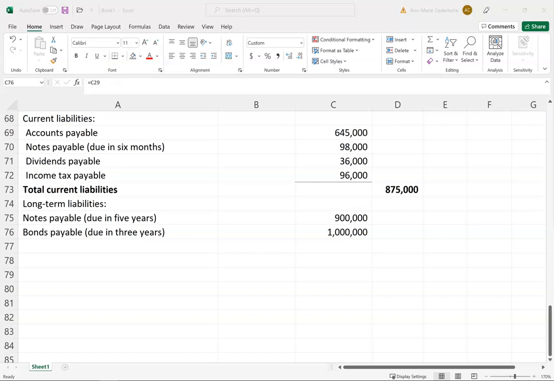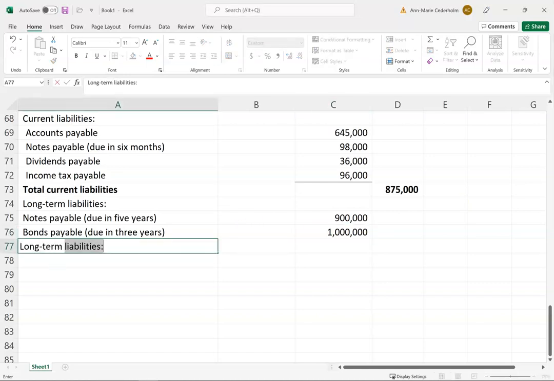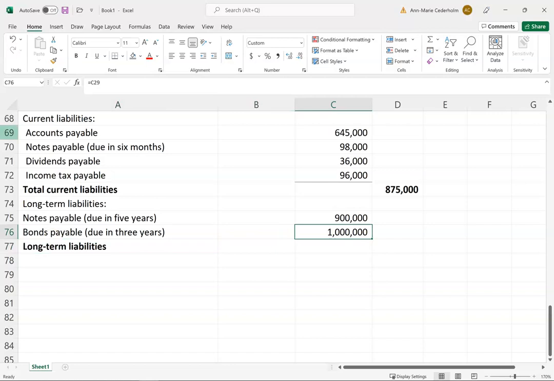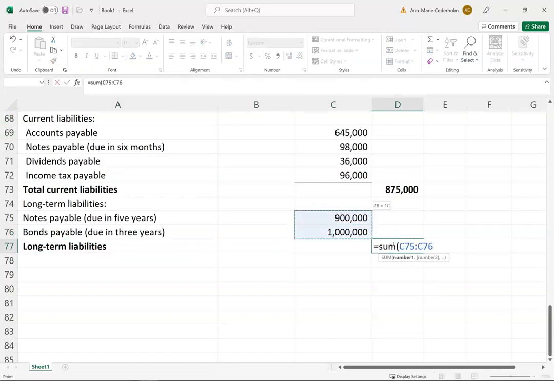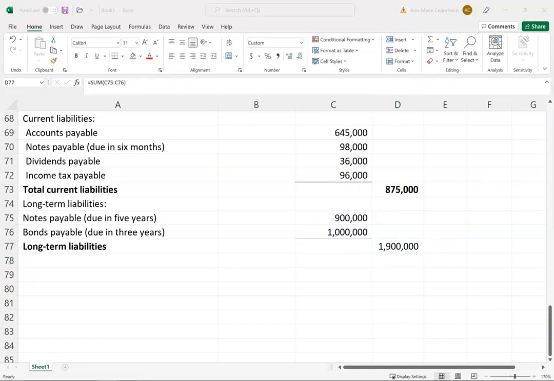Okay, so now I'm just going to add those ones up. So long-term liabilities. Okay, and that comes to 1,900,000.